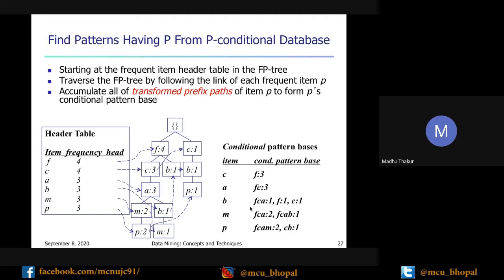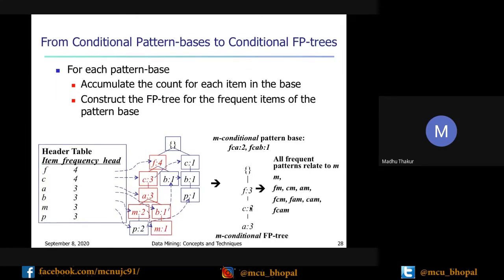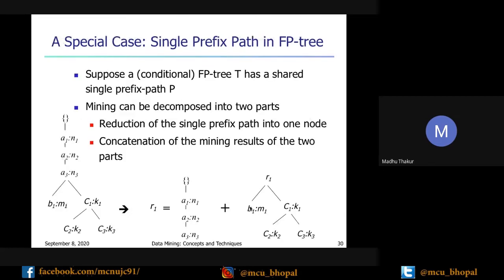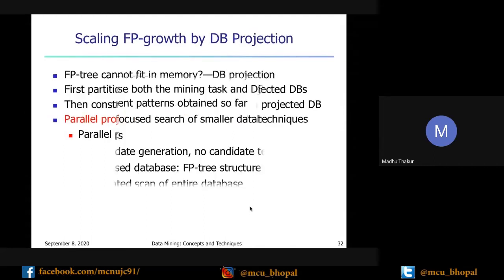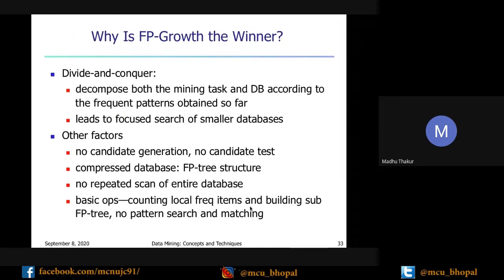I am not going through it step by step. What is the advantage behind this? It works on the divide and conquer concept, which decomposes both the mining task and the database according to the frequent patterns obtained so far, and leads to a focused search of a smaller database, because every time you access this structure, that is a tree.